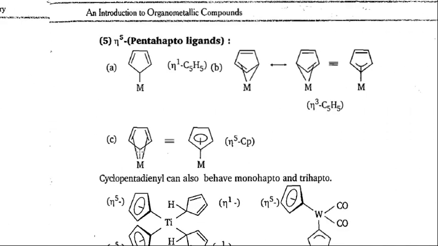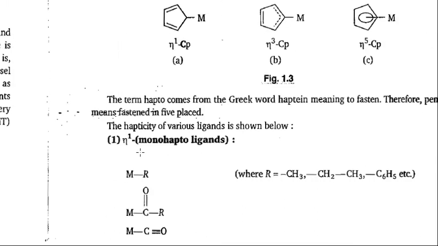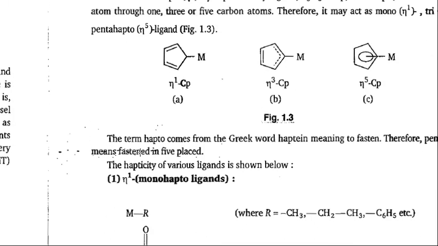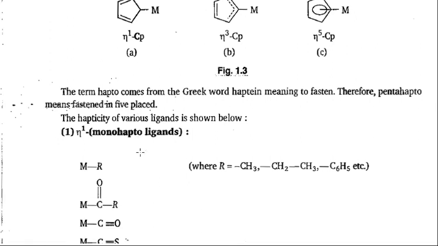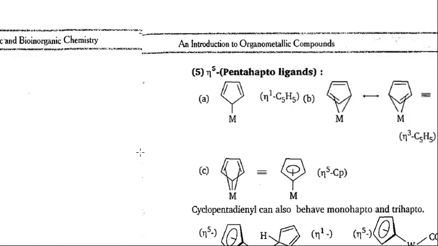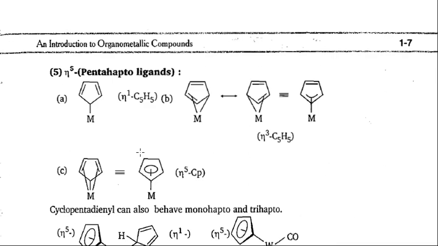For eta 5 and eta 1, there are several examples where hapticity is 1 for a mono ligand, and for 2, tri ligands, and so on.